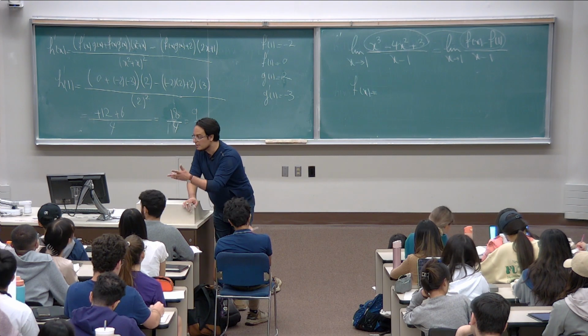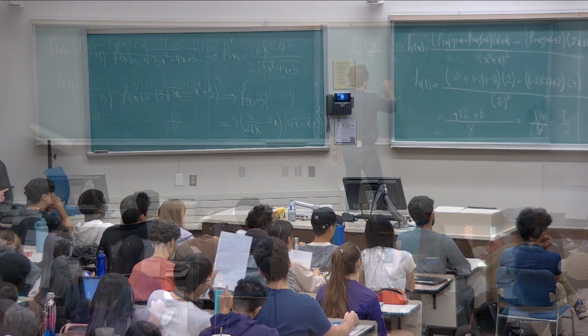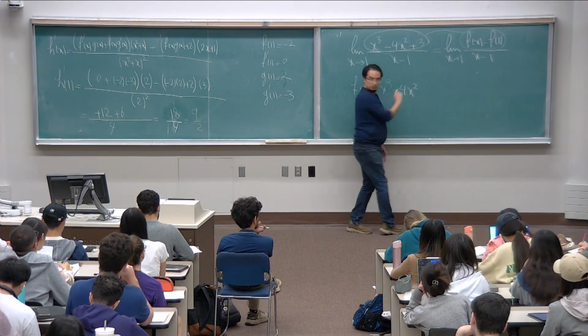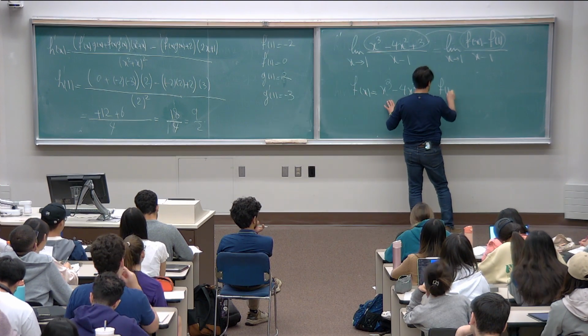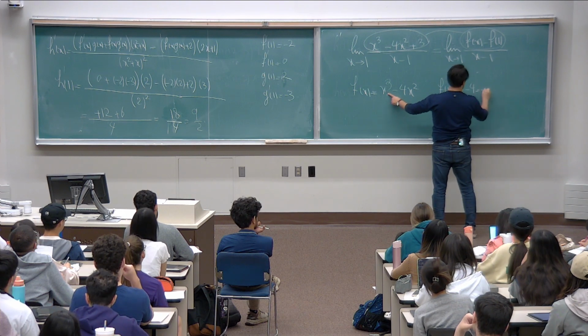You said what? x cubed minus 4x squared. Like that, yes? And then we see, okay, f at 1 is then 1 minus 4, which is negative 3.